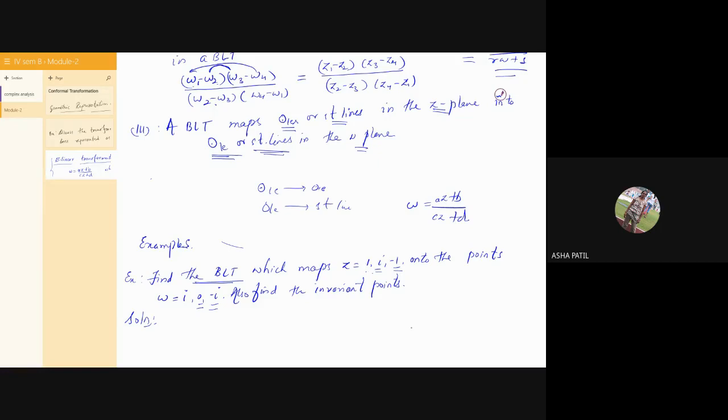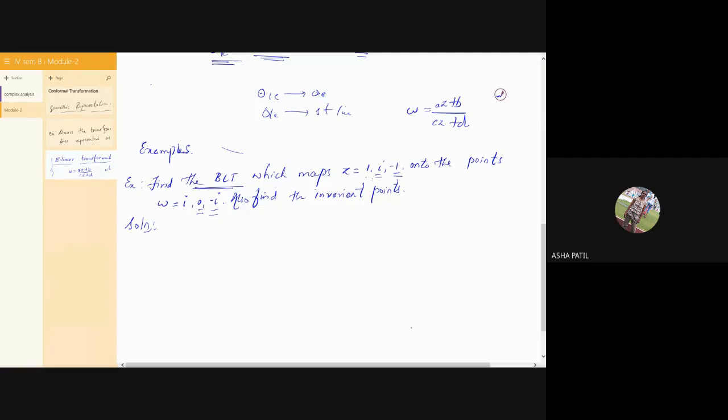So for that, we'll consider the cross ratio as I mentioned earlier. We'll consider the points here as Z1, Z2, Z3, and Z4. Either take Z1 as Z or Z4 as Z. So Z1, I will take 1. Z2, take them in the same order, is i. Z3 is -1, and let us take Z4 as Z only, since it is not known.